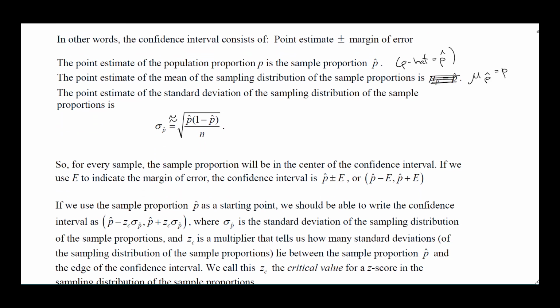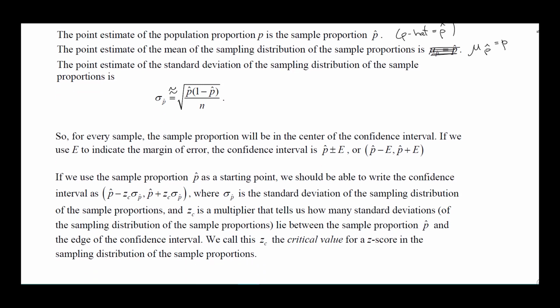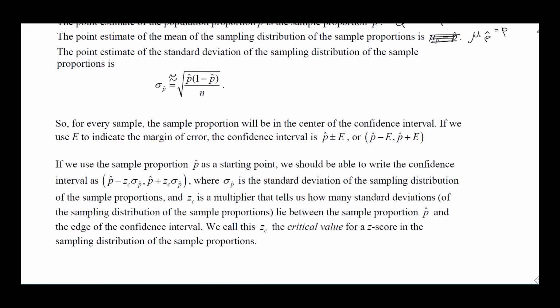We've used t as a multiplier before when we did means and constructed the confidence intervals. So that z value is going to be our critical value, and we're going to get it from our normal distribution table. Okay, so how do we go about this?